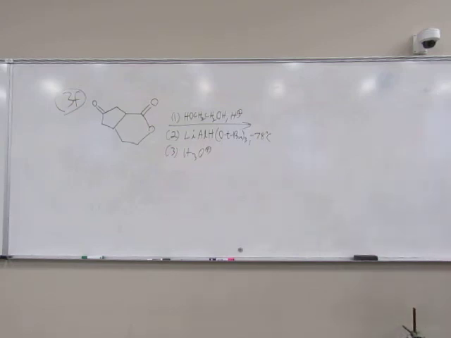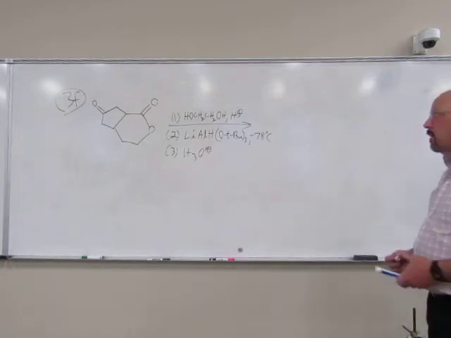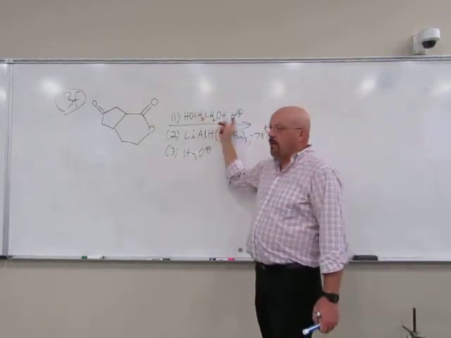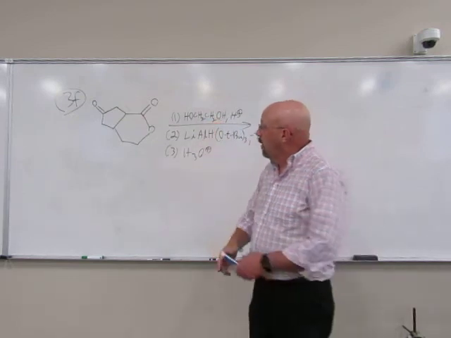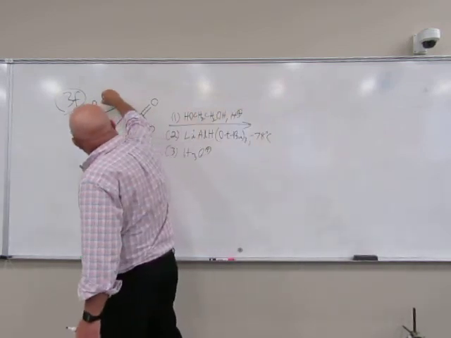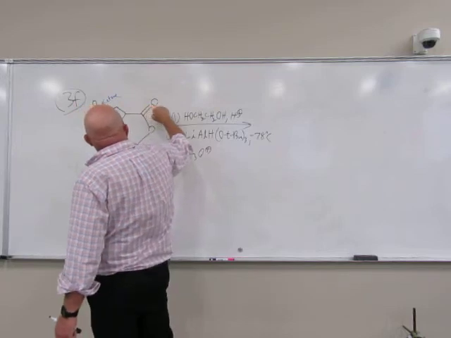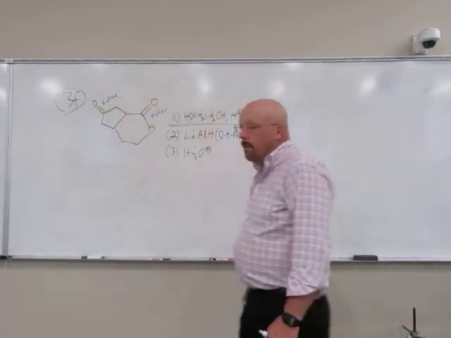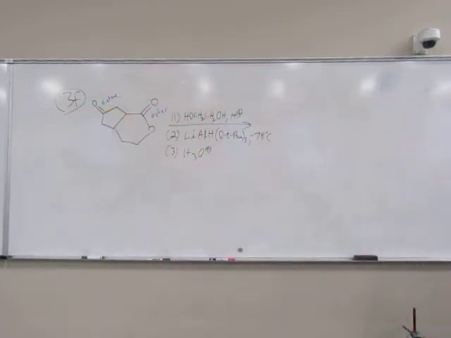Okay, first step, we have a diol that we're reacting. We have an acid in there as a catalyst. This is going to make that cyclic acetal. That's our protecting group. Now we have a ketone, and we have an ester. We're going to protect the ketone.